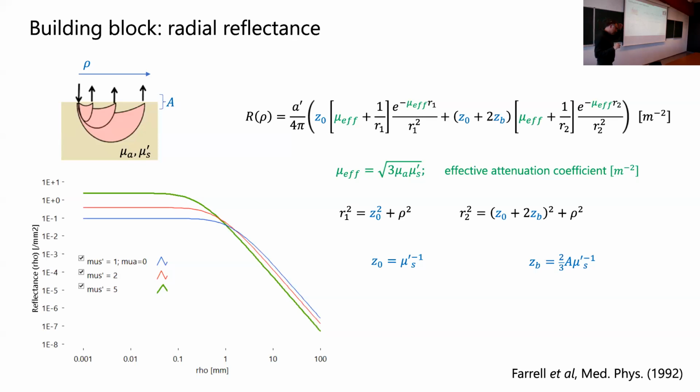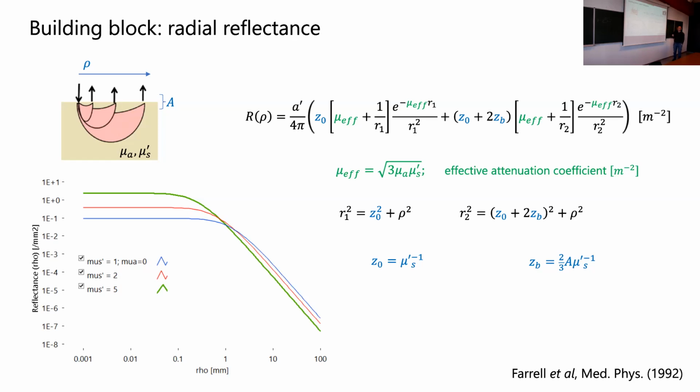So a long time ago, in one of the first classes, we talked about diffusion theory and derived this expression for the reflectance as a function of radial distance. So this is what you would measure if you would put the fiber at a distance rho away from the source. The expression was pretty ugly, but in the end, if we looked at all the terms in there, we saw that it only contained optical properties.